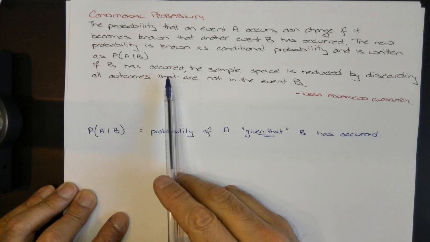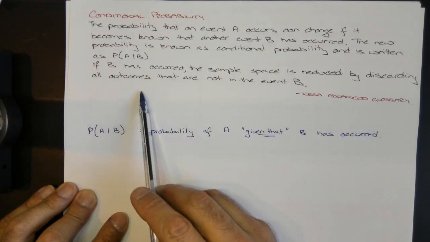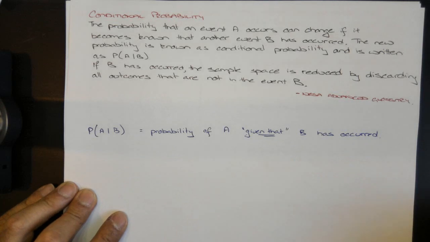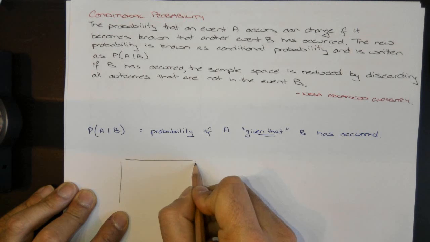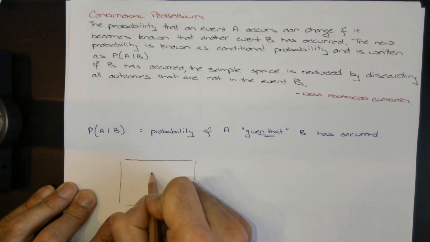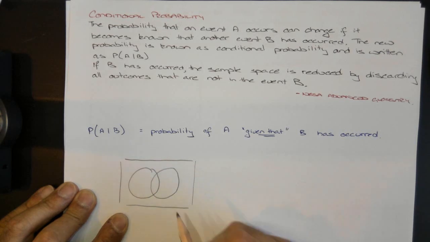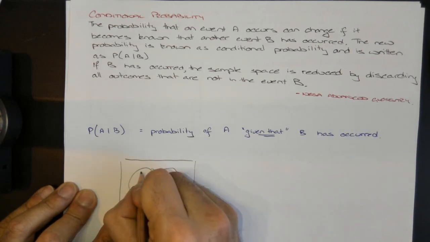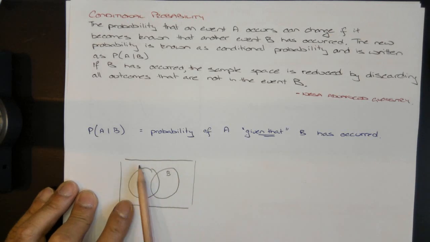If B has occurred, the sample space is reduced by discarding all outcomes that are not in the event B. So, for example, if I had a Venn diagram, and this is A, and that's B, and I want to figure out the probability of A given that B has happened.